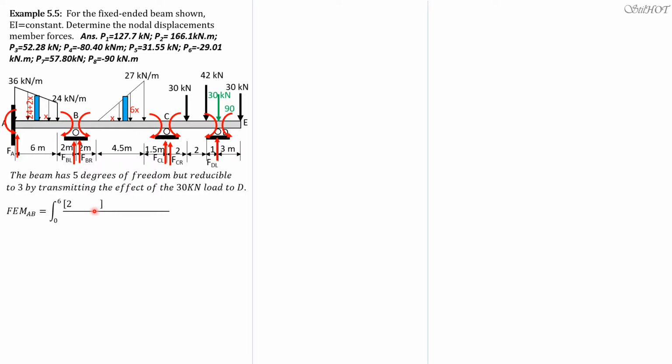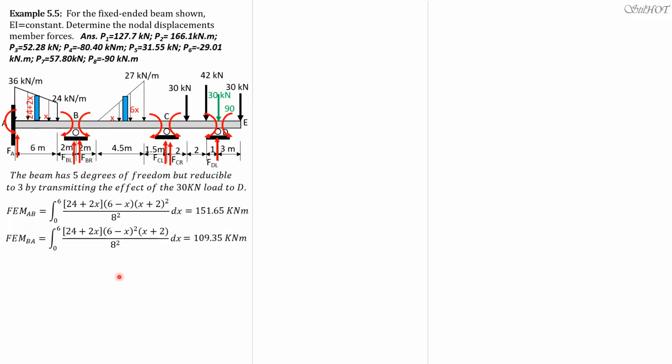So fixed moment AB equals integral 0 to 6 of quantity 24 plus 2x dx times 6 minus x times quantity x plus 2 squared over L squared, 8 squared. So fixed moment AB is 151.65 kilonewton meter. For BA, we use the same integral. This time 6 minus x is squared, x plus 2 is not. So 6 minus x squared, x plus 2 over 8 squared dx. So that would be 109.35 kilonewton meter.